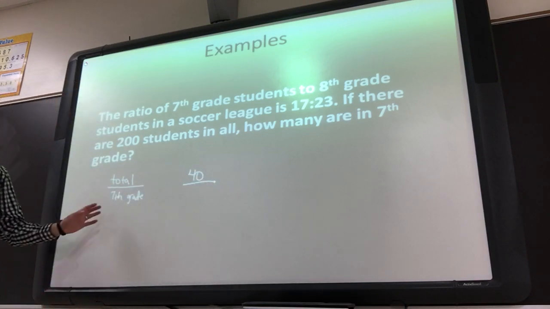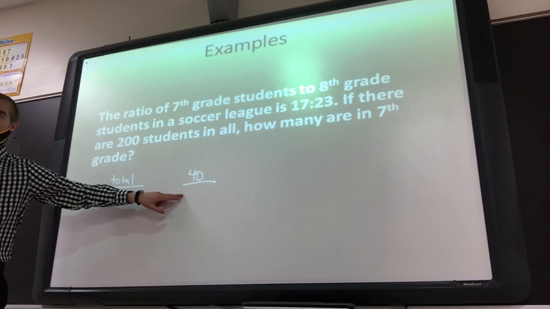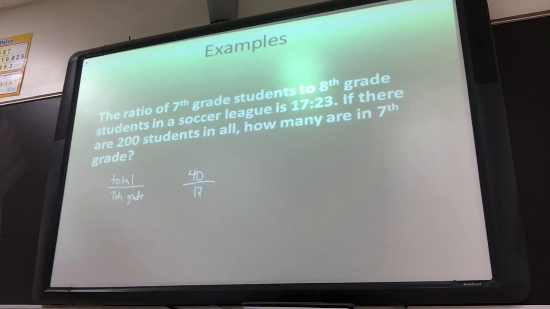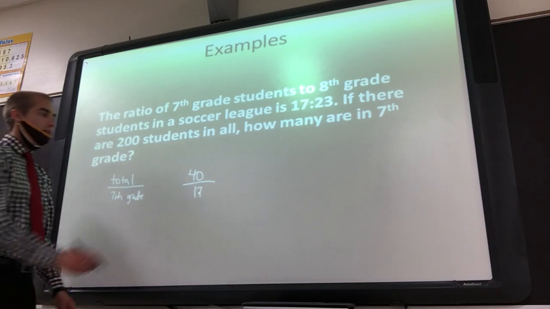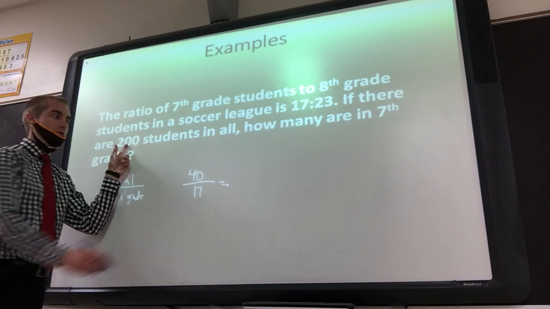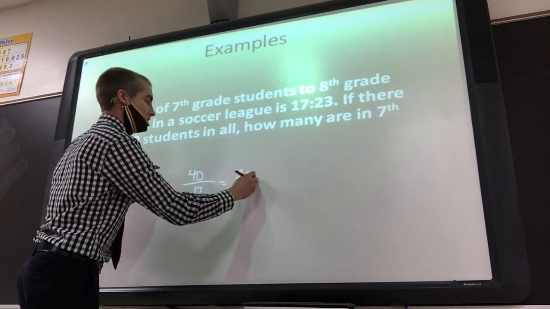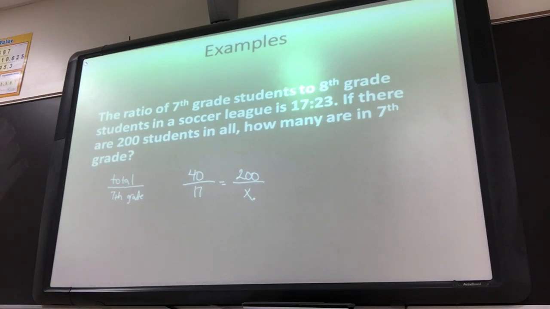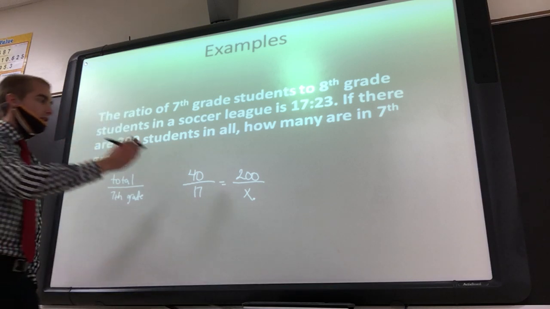And of that 40, how many are 7th graders? 17 are 7th graders. So 40 over 17. And that's going to equal 200 total students over x, because we don't know how many 7th graders are out of that 200. So we would cross multiply.